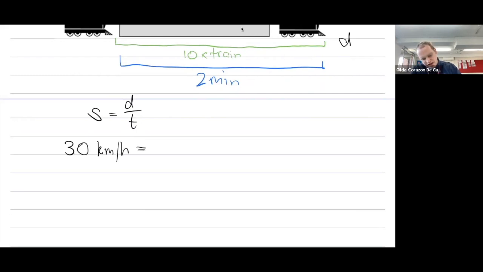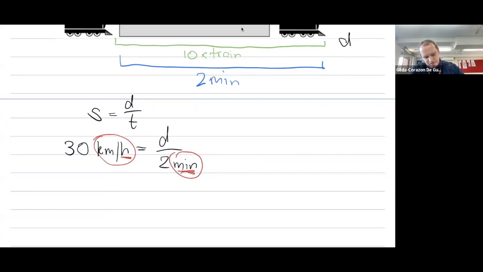We're trying to work out our distance, and we know our time is 2 minutes. But at the moment, when we compare our units, we've got hours and minutes. So we need to convert 2 minutes to hours.